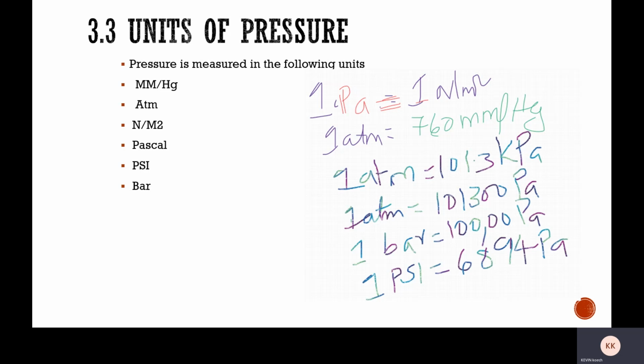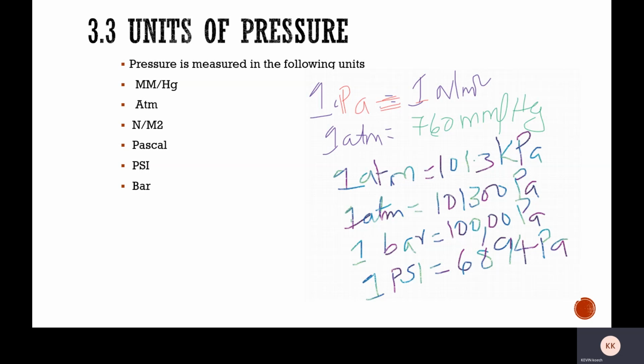Now we go to the next topic, units of pressure. Number 1, we are sure of Newton per meter square. That's the unit given when you calculate pressure, according to the force and area you used. Number 2, it's also given in millimeters of mercury.